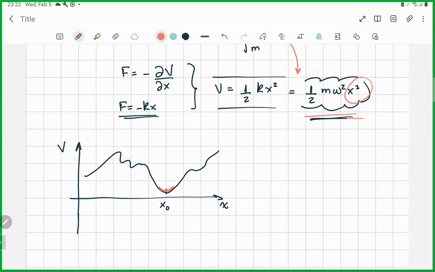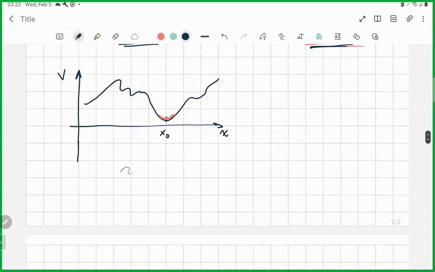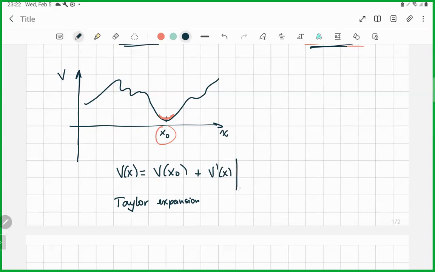Well, let's suppose you have a function for your potential energy. And let's do an expansion for this potential around that minimum point that we identified. So what do we get? Well, Taylor expansion. So the first term is the potential right at that point. Well, this is just a constant. Then comes the derivative of that function, evaluated right at that point, times x minus x0.